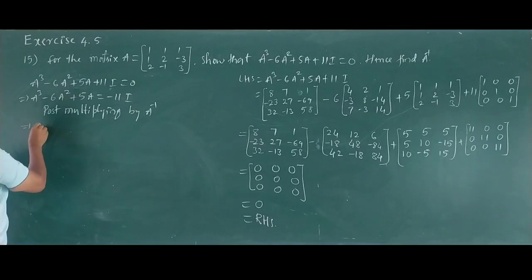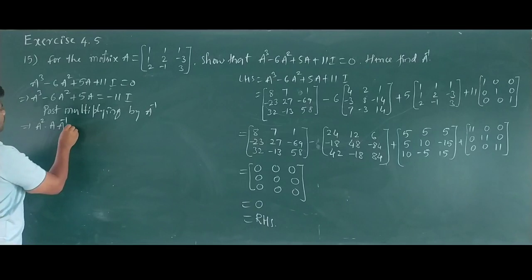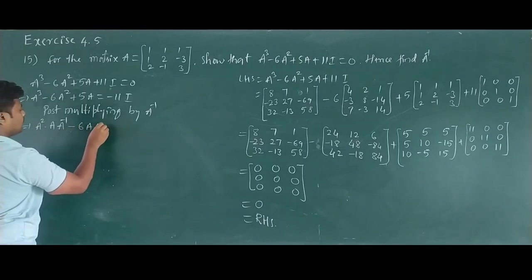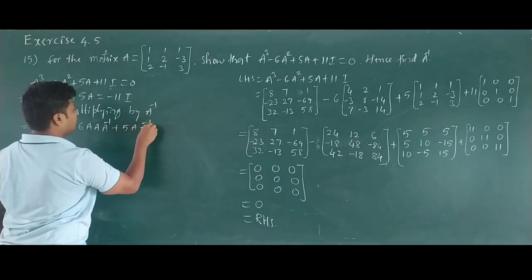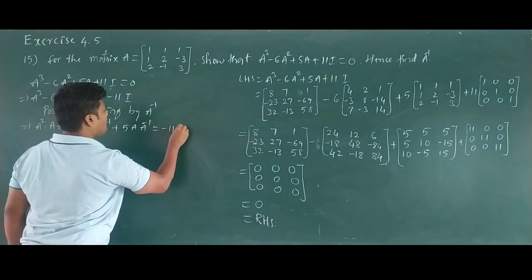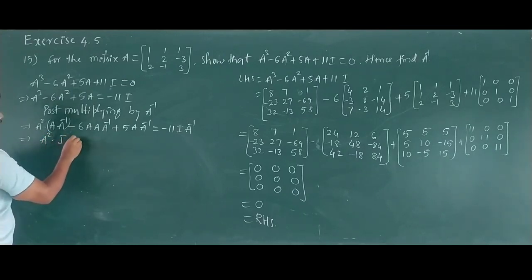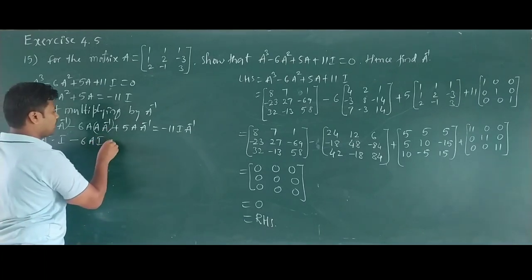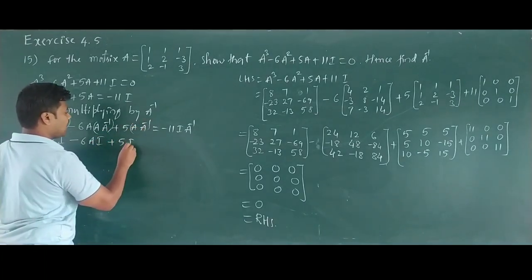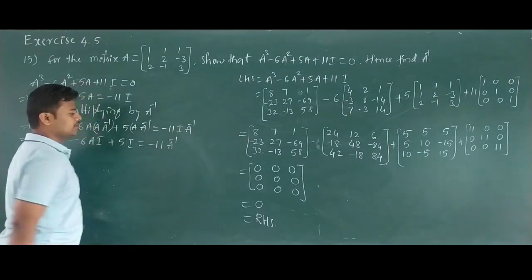So A cube can be written as A square into A inverse, minus 6 A square into A into A inverse, plus 5 A into A inverse, equals minus 11 I into A inverse. So A into A inverse is I, so A square into I minus 6A into I plus 5 A into I equals I into A inverse, which is minus 11 A inverse.